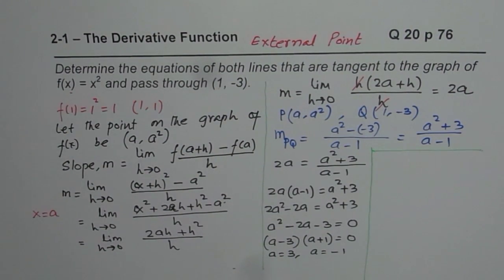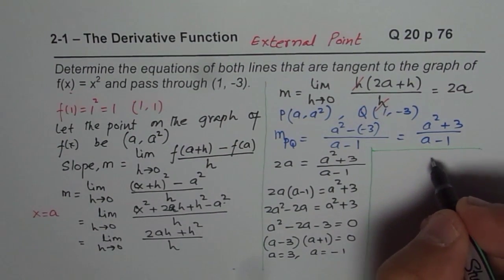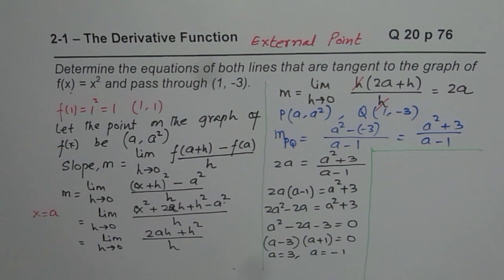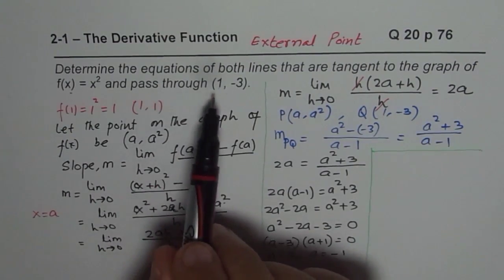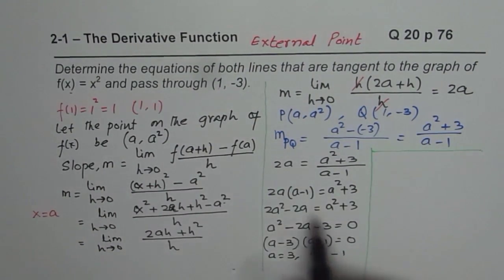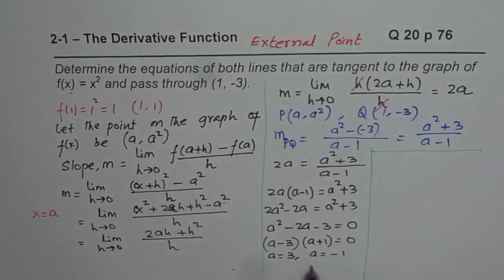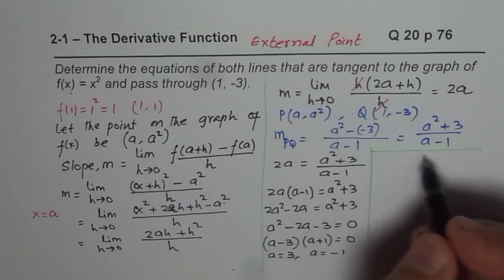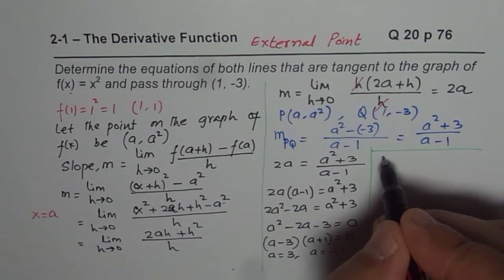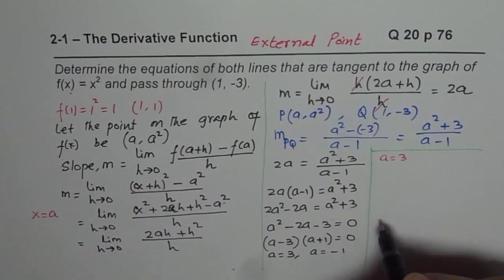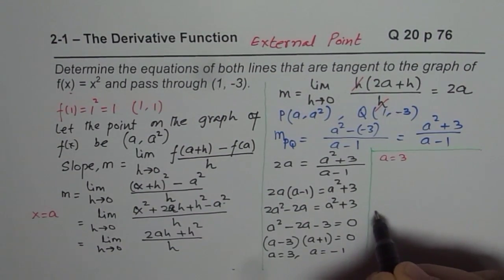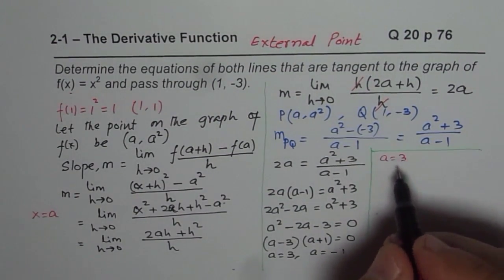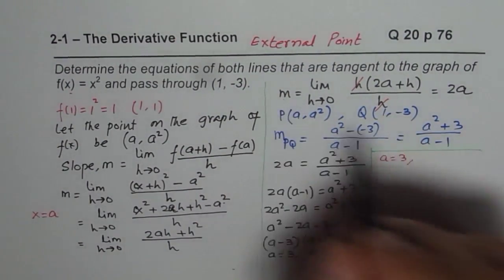That means there are two different points on the graph where we could have a tangent from this particular point. We could find the slope for both points. We'll consider a equals 3 first, and then a equals -1 later. If a equals 3, then what is the slope?